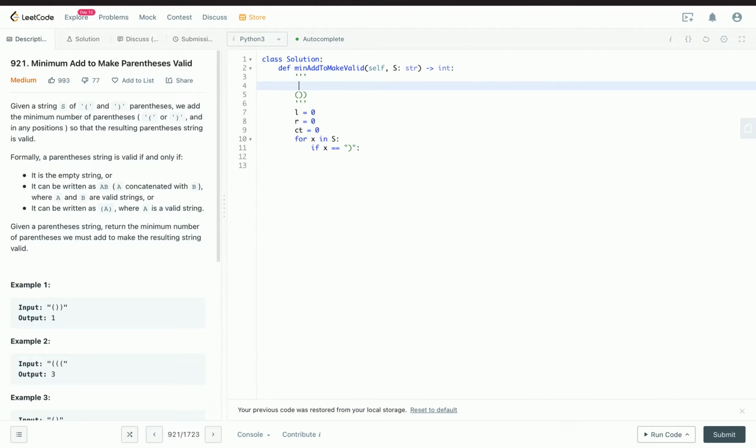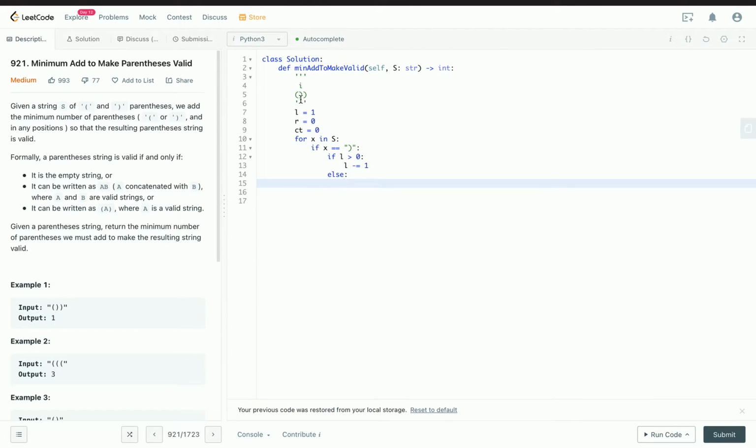If we are at this point, one scenario is that if the left parenthesis count is greater than 0, so at this point it's 1, right? If it's greater than 0, then we can decrease the left parenthesis number by 1.